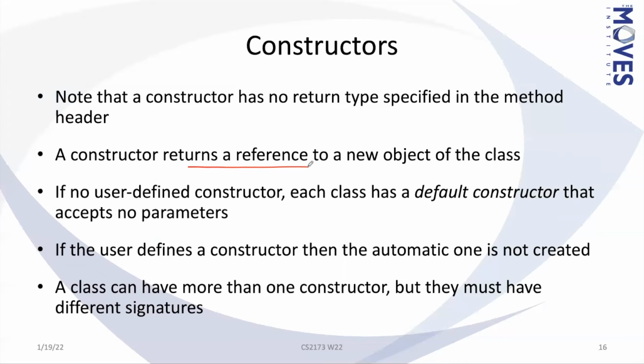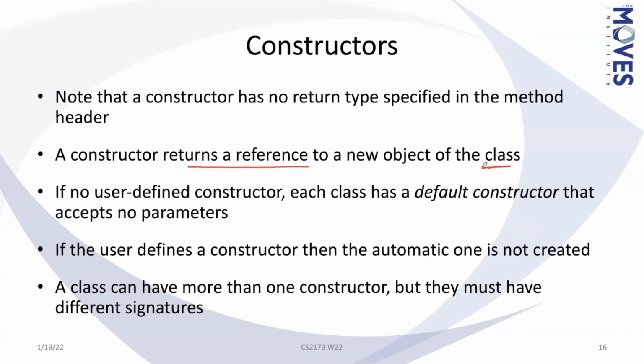When I say new and then give the name of the class, it calls the constructor, constructs, and returns a reference to an object of that class. So what could I put there as a return type? Could I put void? That wouldn't make sense because I need to return that reference. Could I put a double or a primitive? Again, that doesn't make any sense because I need a reference to an object.